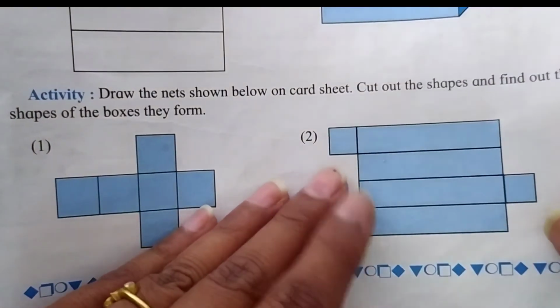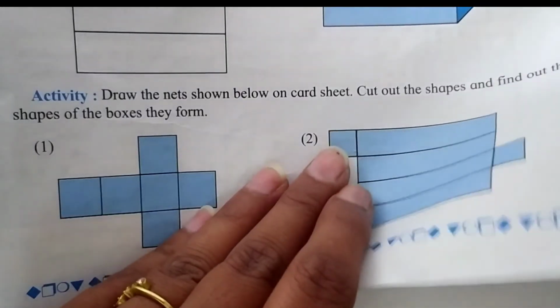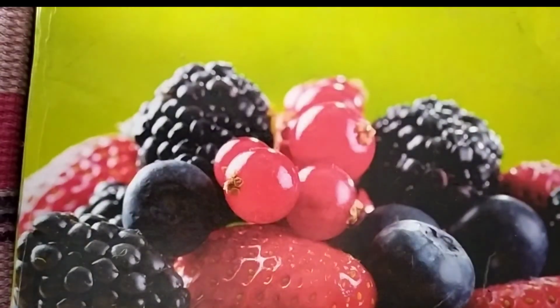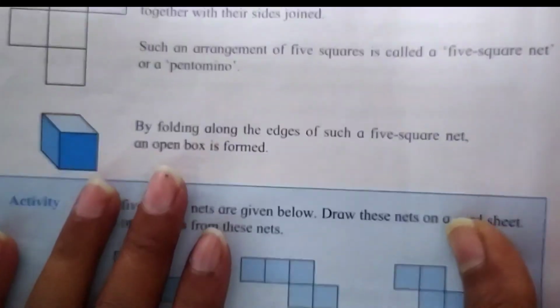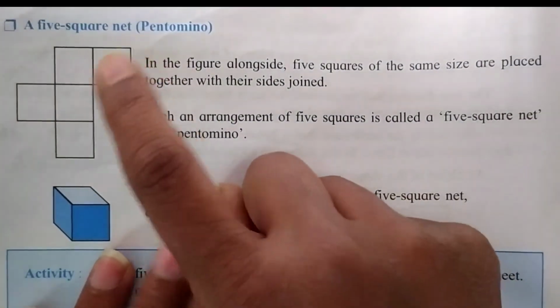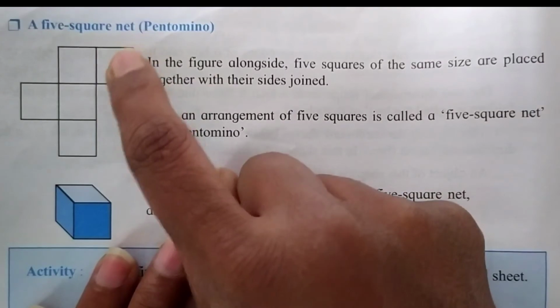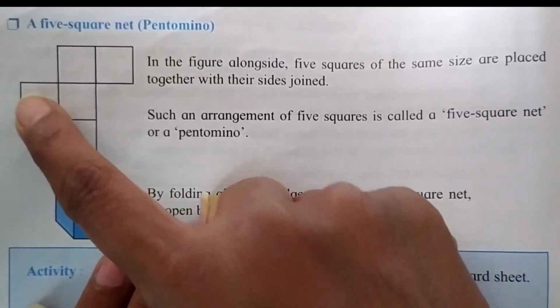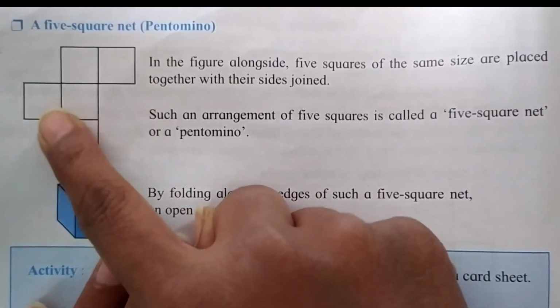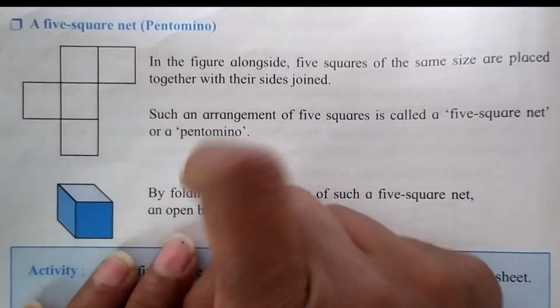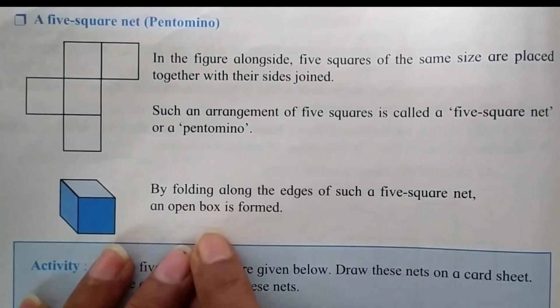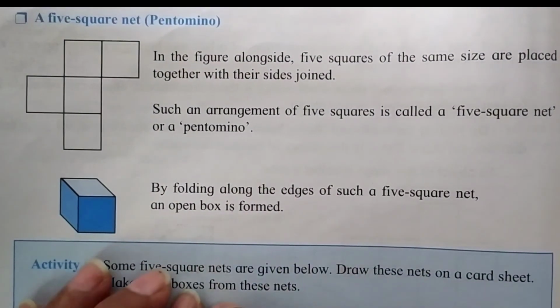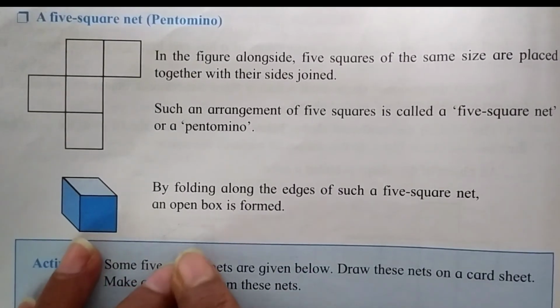Now we are going to take information about pentamino. What is a pentamino? A 5 square net is called a pentamino. Look here. This net has 5 squares, 1, 2, 3, 4 and 5. This 5 square net is generally called a pentamino, and by folding along the edges of such a 5 square net, an open box is formed.